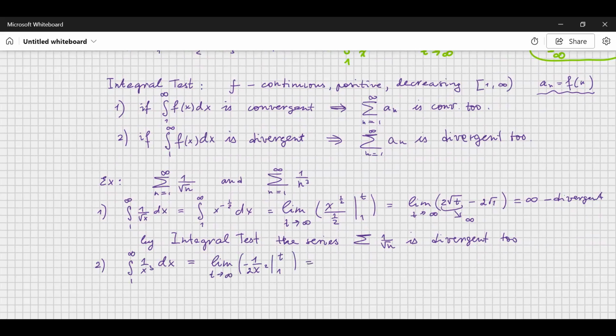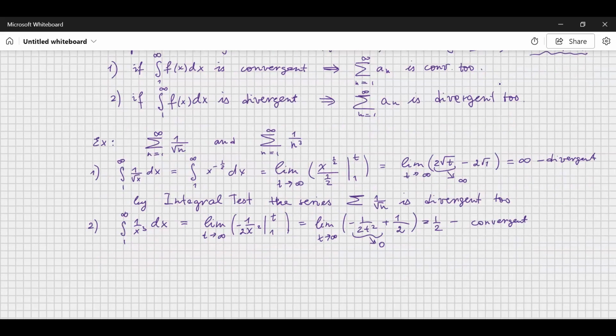I don't want to waste too much time on basic integrals. It's the same power function: negative 3 plus 1 is negative 2, divided by negative 2. So if I substitute t, I'm going to get negative 1 over 2t squared plus 1 over 2, substituting 1. When t goes to infinity, this goes to 0, and I'm going to get 1 over 2. It's convergent.